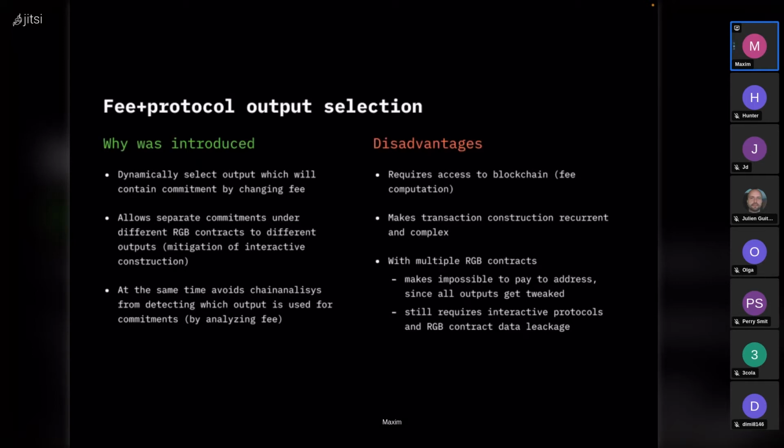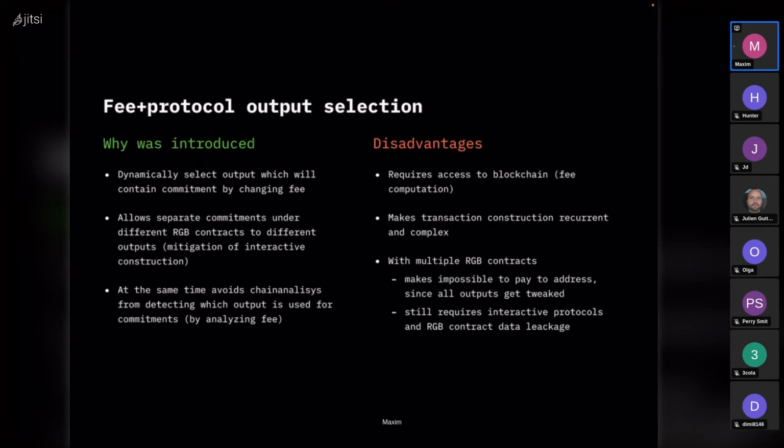and it complexifies all parts of the wallet software which work with RGB verification. It makes transaction construction recurrent and complex, and with multiple RGB contracts present in the same transaction, it makes it impossible to pay to a specific address, since all outputs get tweaked.